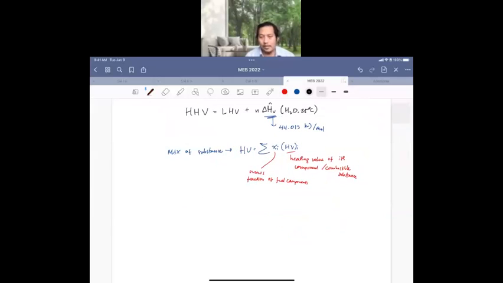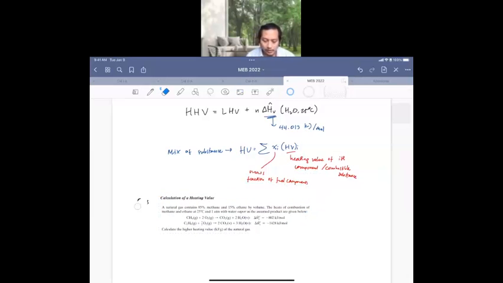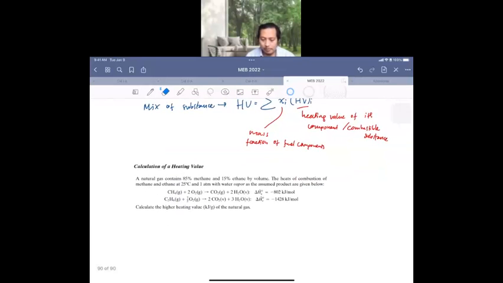To apply this heating value, for example, you have a gas that contains 85% methane and 15% ethane by volume. The heat of combustion is given. Calculate the higher heating value of the natural gas.